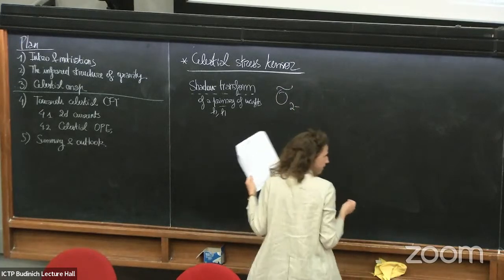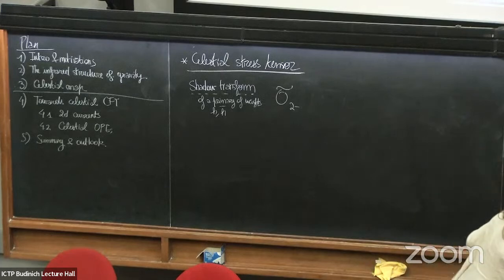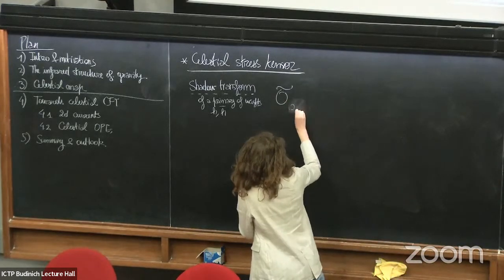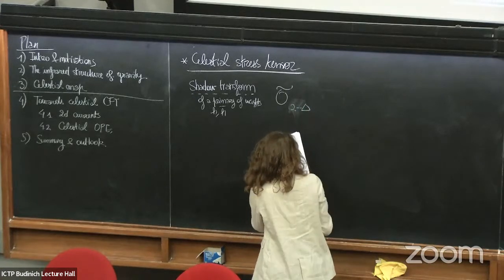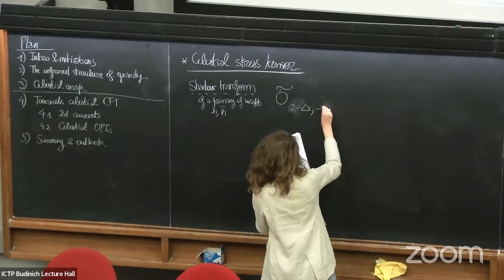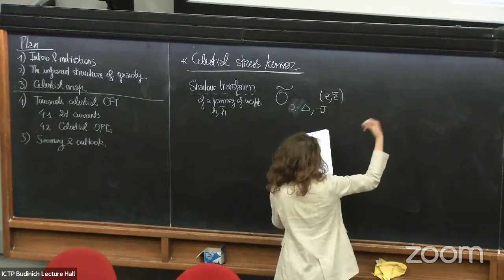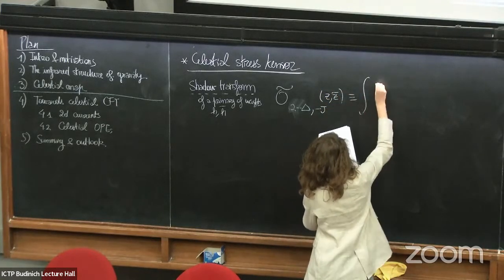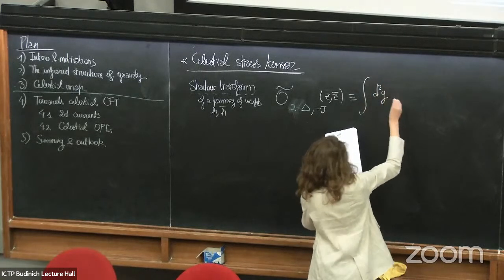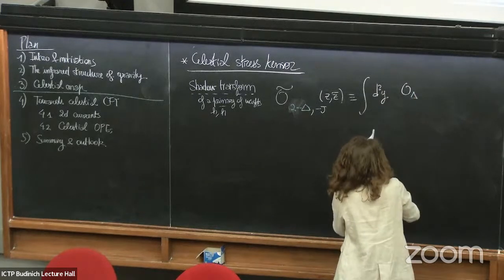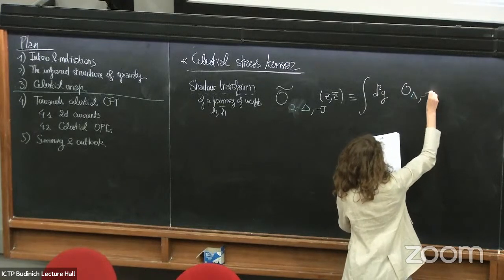Let me write it and then I explain. The shadow transform will change the conformal dimension, but will return you still a primary. It also flips the 2D spin.